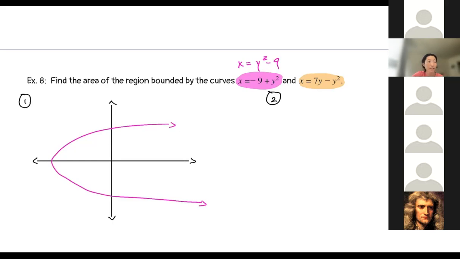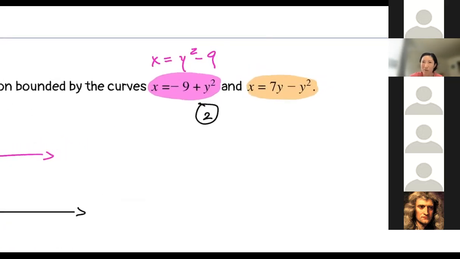Now, I think that if we approach the other one the same way we did in the first part, y(7 minus y), we're not looking for x-intercepts anymore.